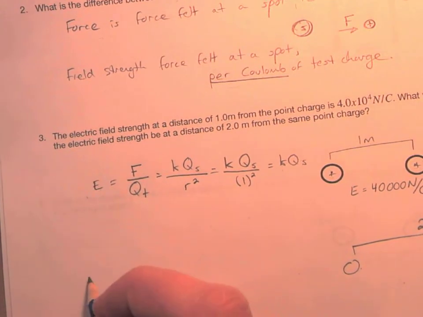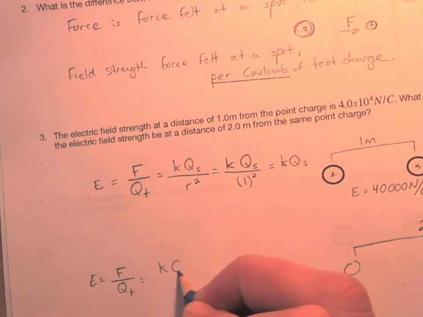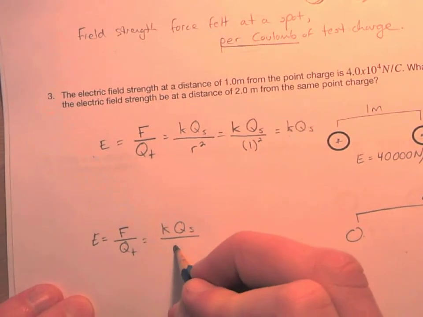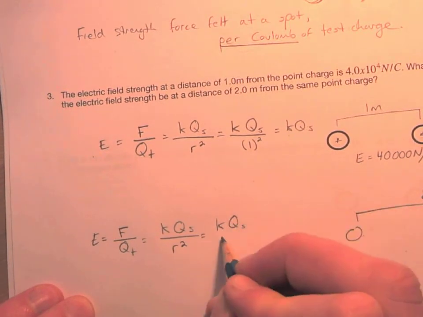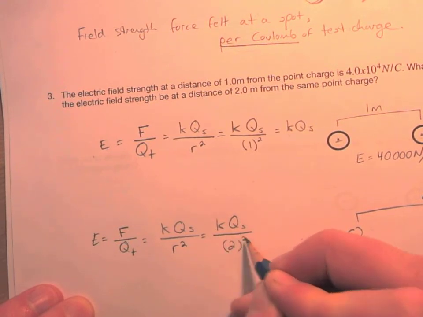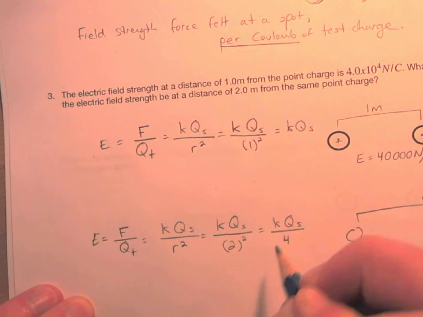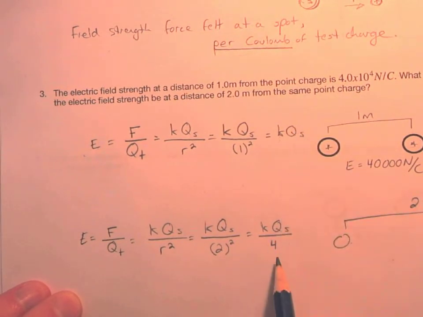And then let's try to find it down here. Our field value here is going to be F over QT. But again, we don't have the value, so we're going to use the KQS over R squared one. And it's going to be K, this source charge again, because that doesn't change, over this time 2 squared. And this is going to be KQS over 4. So if we look at the two equations, they're going to be the same thing. This is just going to be a fourth as much.